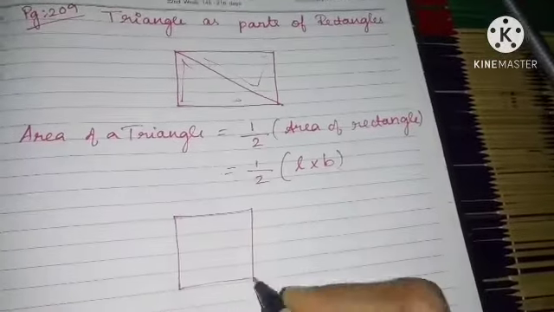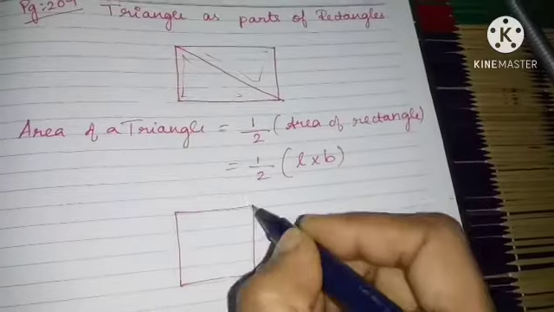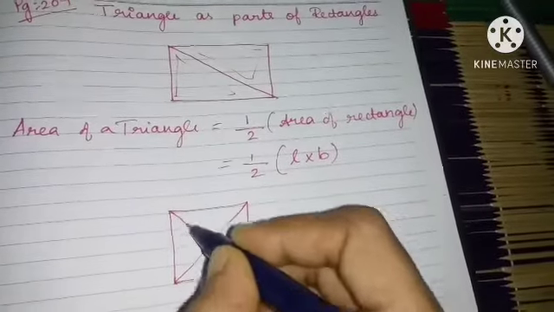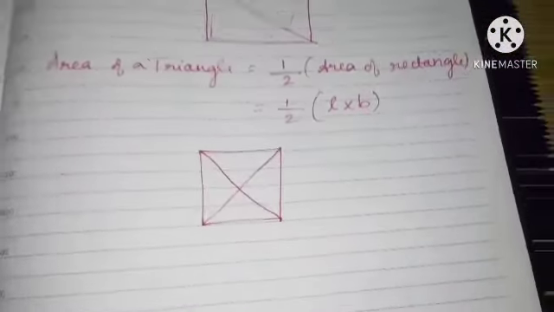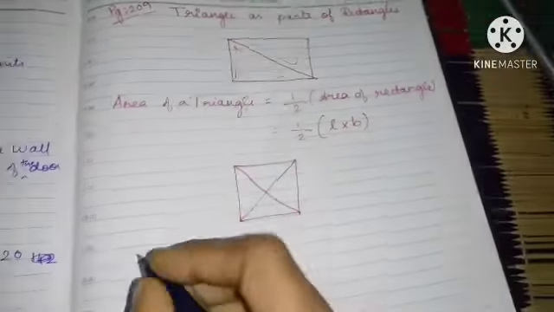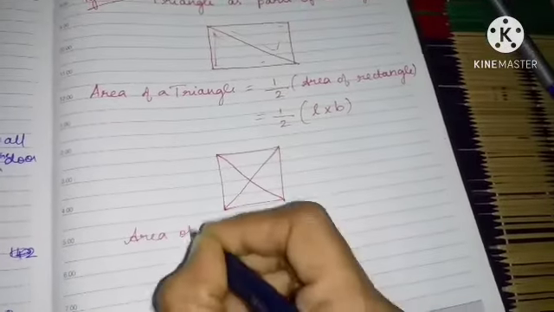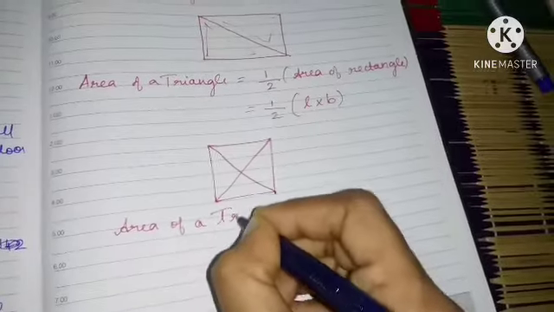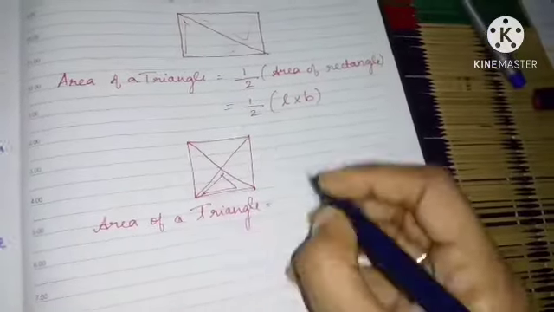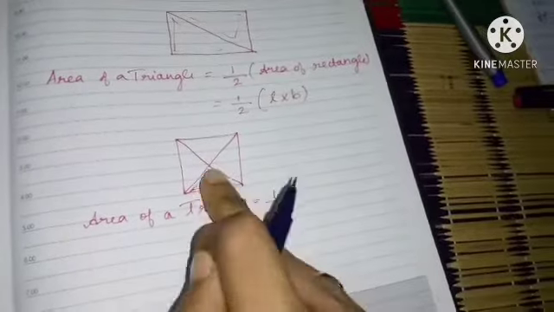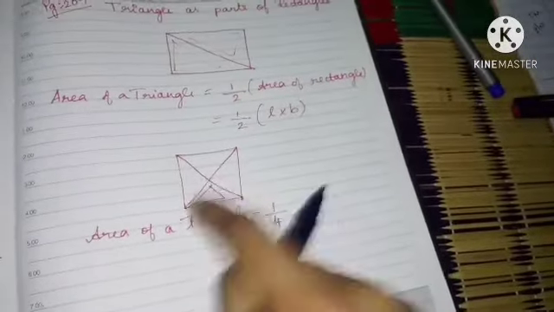Next, when I am taking a square, we are dividing it into 4 subdivisions. When it comes to a square, I am dividing that square into 4 triangles. So what will be the area of each triangle here? Each triangle is 1 by 4.